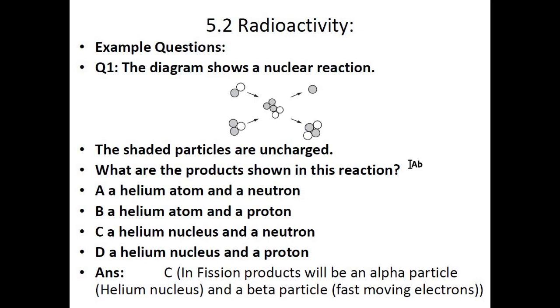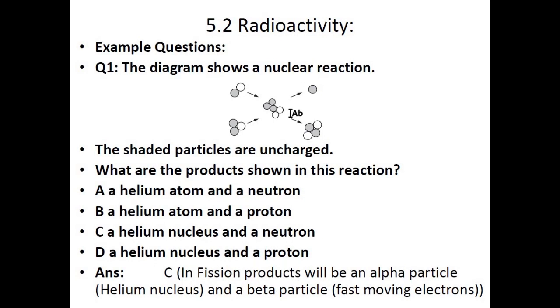In fission, the products will be alpha particles or helium nuclei, beta particles, which are fast moving electrons, or neutrons. So this is most likely not a fission reaction.